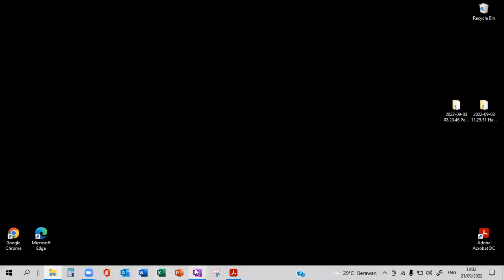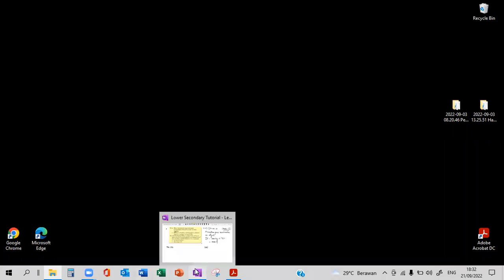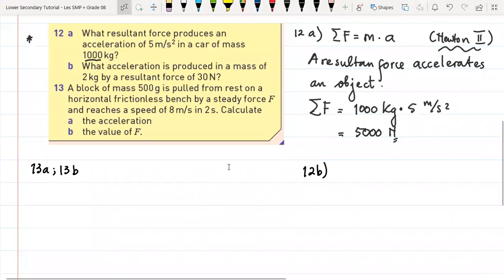So now we are going to study Newton's law and do some exercises. 12b, one of the examples that we have: what acceleration is produced in a mass of 2 kilograms? How do you do it?